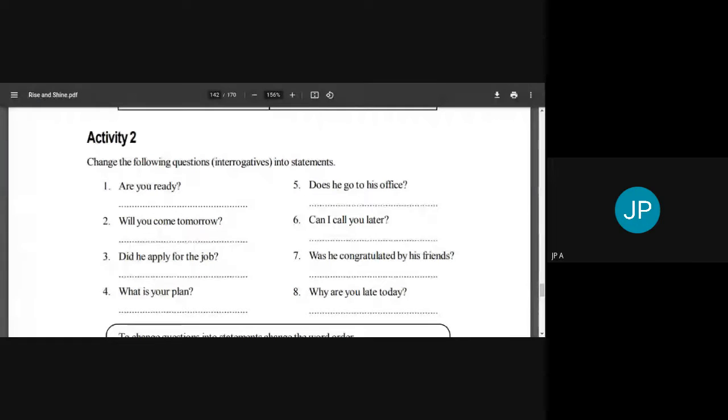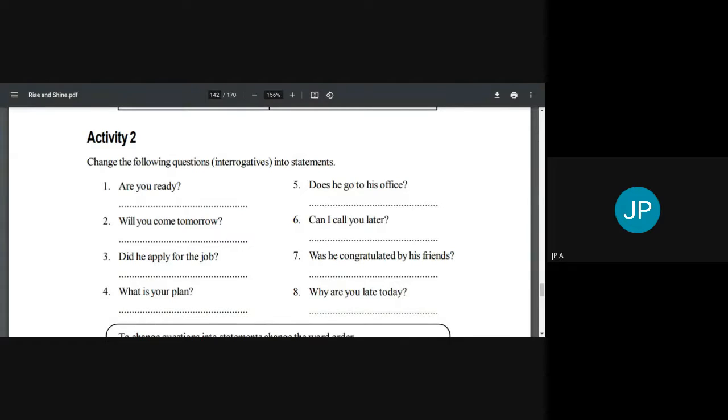Yes or no questions will take only yes or no for an answer. WH questions are questions which contain the question words W or H: who, what, which, when, where, why, and how. So these are the 2 types of questions.